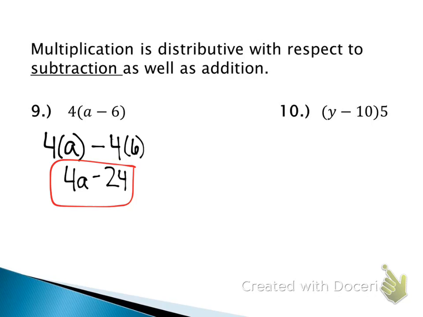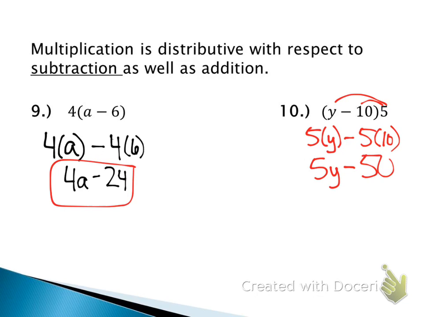On number 10, again, we can distribute from the back instead of from the front. 5 times y minus, keep that subtraction sign, 5 times 10 would give us 5y minus 50. Again, not like terms, cannot be combined.